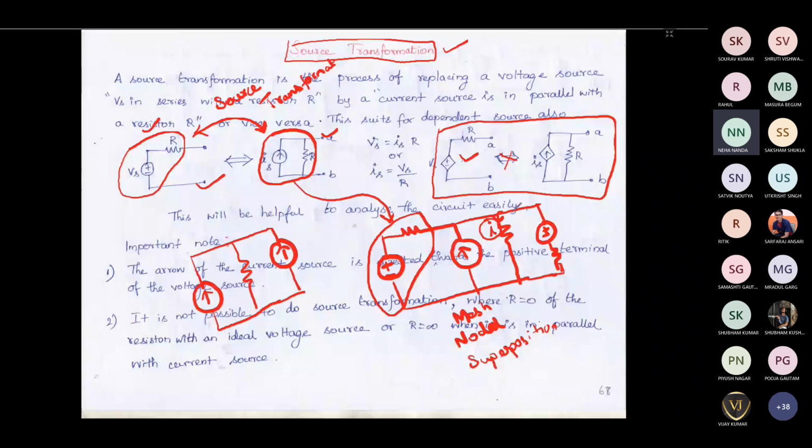Forget about this source, to make it understood very easily. What we have done is replace this voltage source with this resistor as a current source with a resistor in parallel. How to obtain the value of the current source, we will see later. Now the other resistor is this. So this is the current I. This is what you need to find.